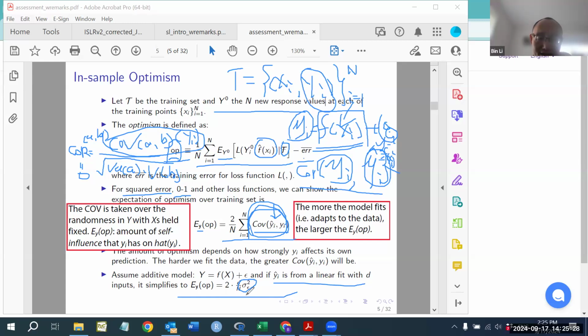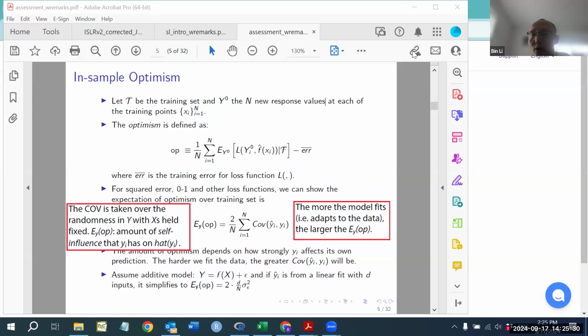So based on that, people say, okay, that's easy. Now we can get this one. We can prove the expected value of the in-sample optimism is this one. So in order to find the model that minimizes the error, how about we move that part to the left-hand side?